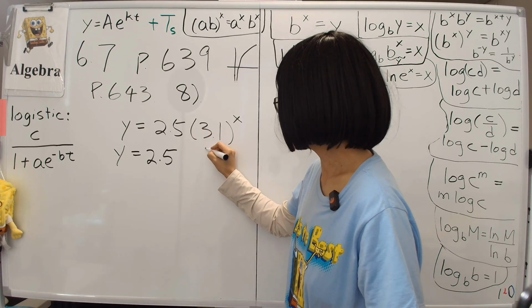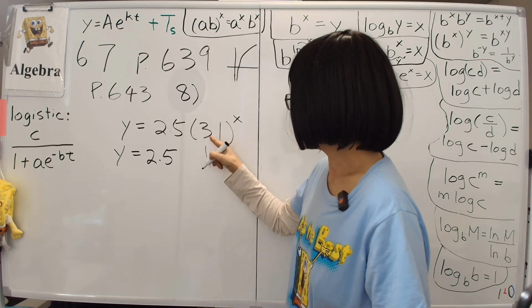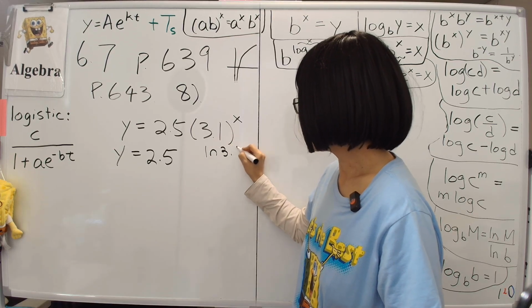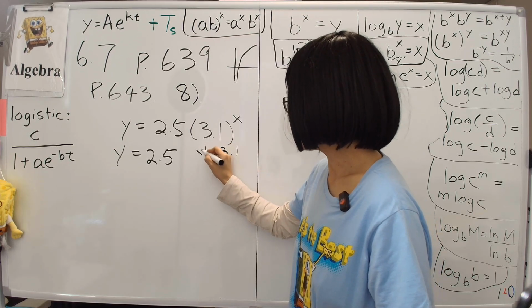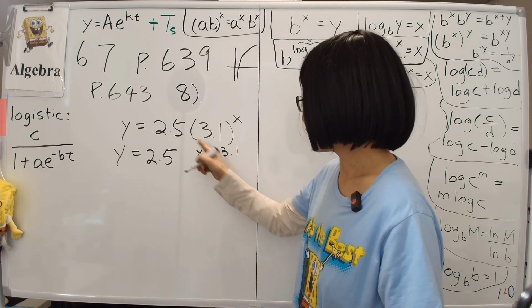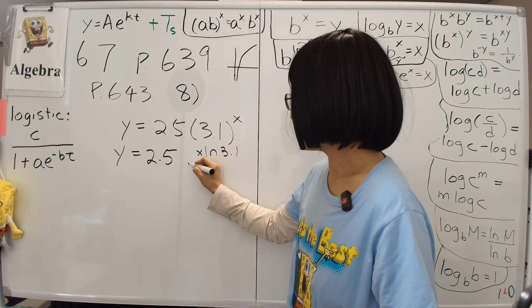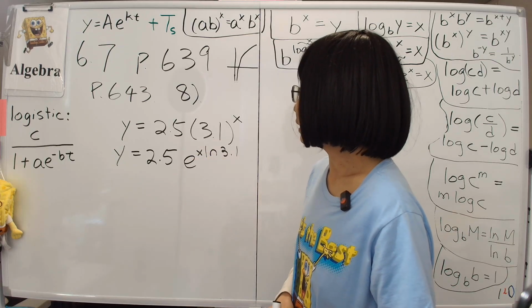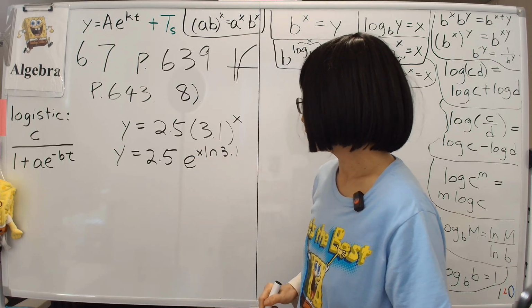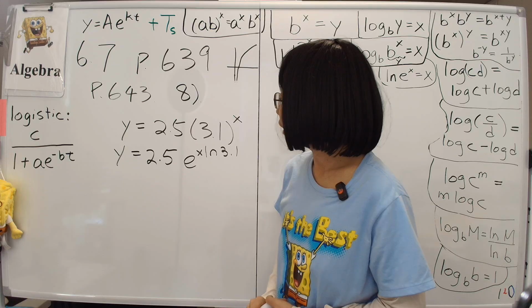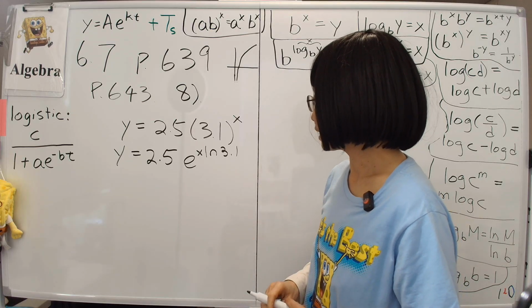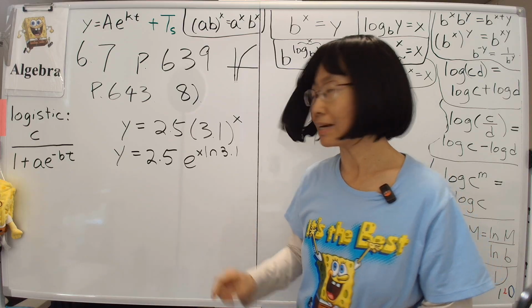So if we take the natural log of this thing, it'll be natural log of 3.1, with the x written in front. So that is the natural log of this thing. And then we'll write down the e in there, and that's about it. I think I went a bit too hurried for the explanation, so let me explain a little further.